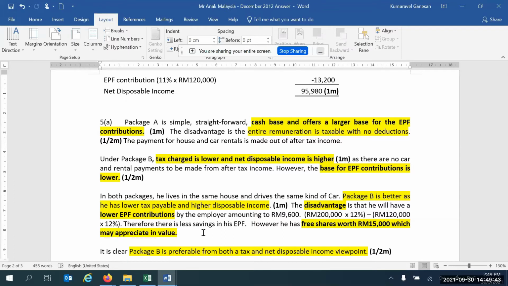So package B, we talk about the EPF, the base is lower. Because EPF is based on cash, remuneration, and fixed allowances, EPF is not based on benefit in kind.